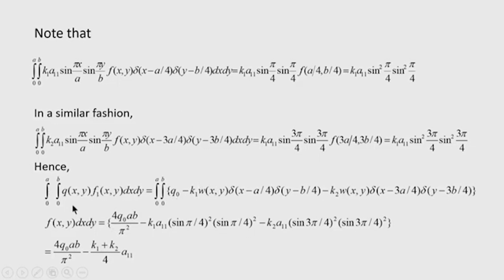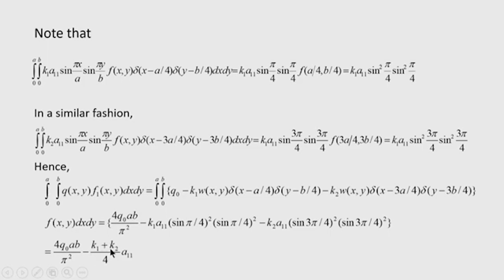After evaluating I 2, we get this: 4 q naught a b divided by pi square minus k 1 plus k 2 divided by 4 a 1 1. Now, you can note here that the first term is the contribution due to the uniformly distributed load, and this term is due to the contribution of the spring forces.